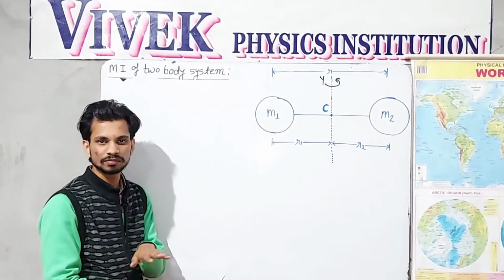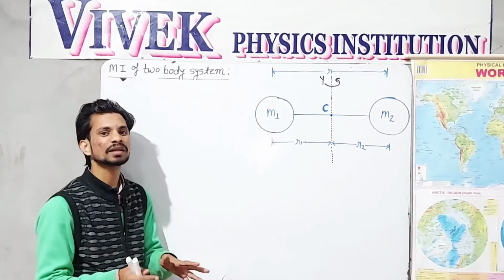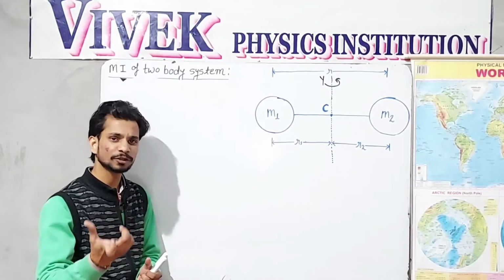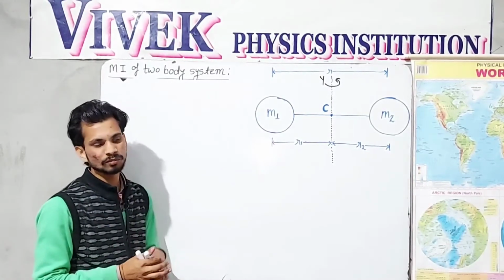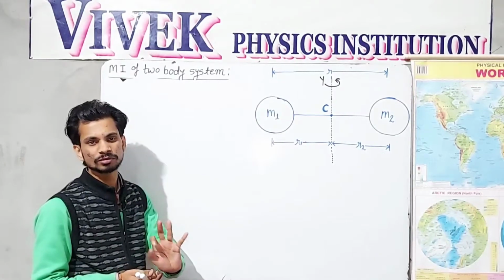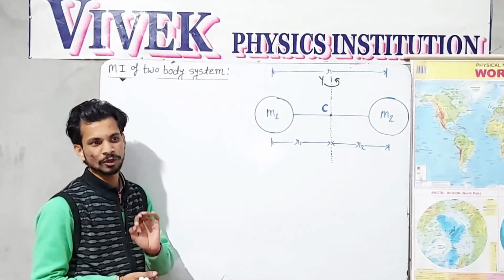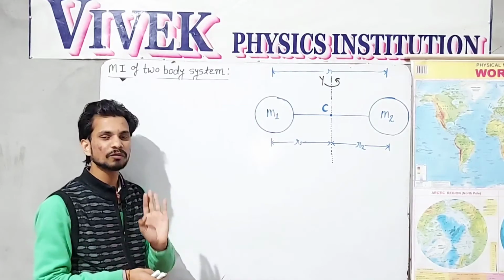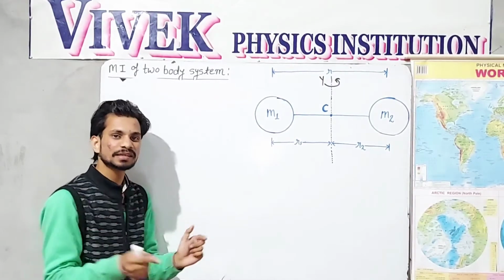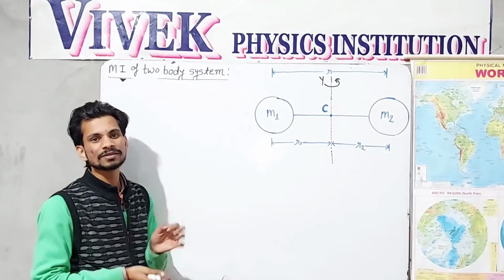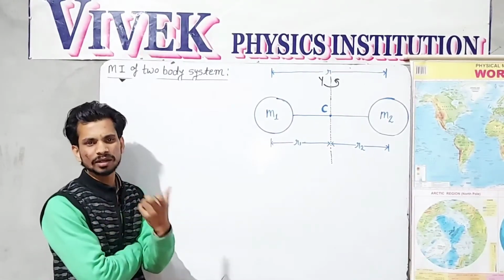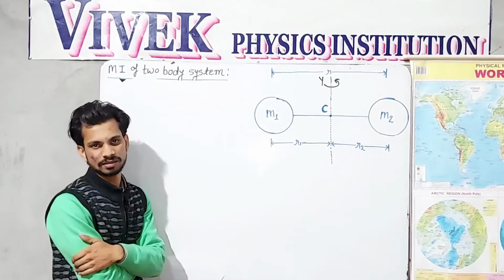As you know, chlorine, oxygen and hydrogen etc. are examples of diatomic molecules. So they may be categorized into a simple two-body system. I am taking one representative of all those cases in which the system comprises two particles.